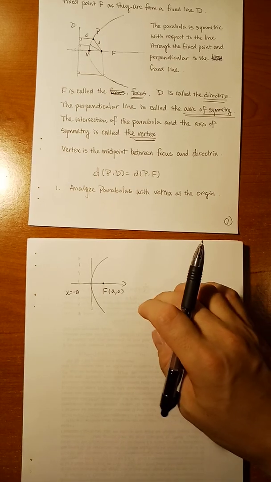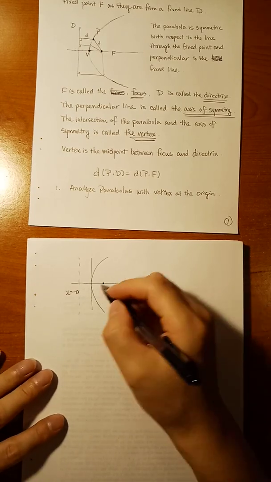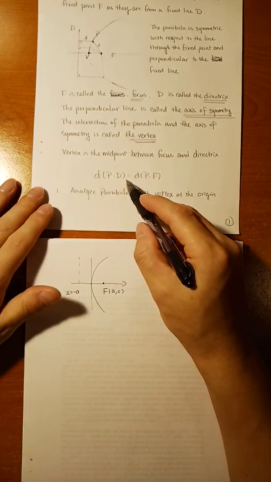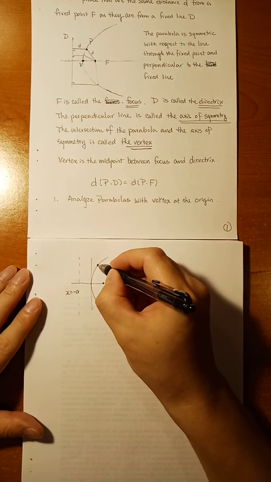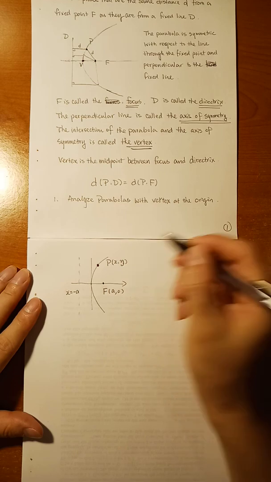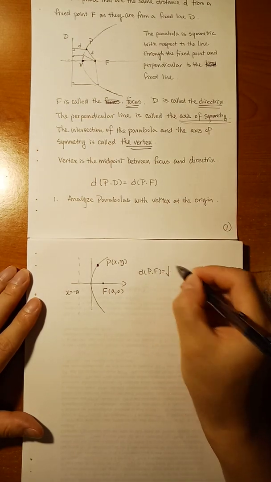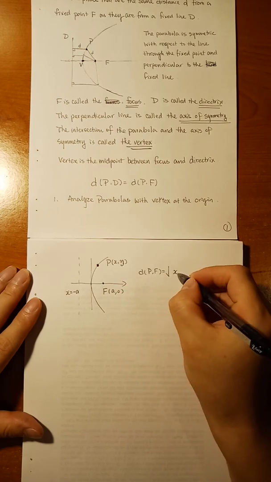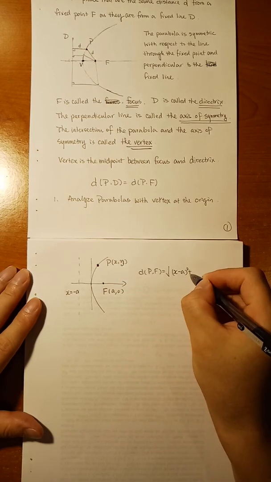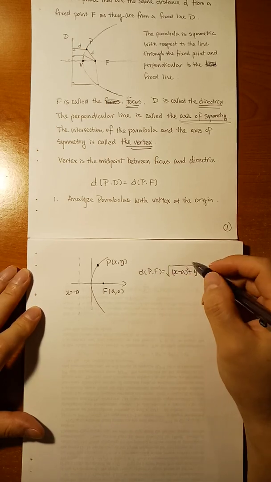Okay, so that's our first setting. With this setting, we are going to study this P. P is here. P has coordinates (x, y). Then the distance between P and F, we know it's the square root of (x minus a) squared plus (y minus 0) squared. That's its distance.